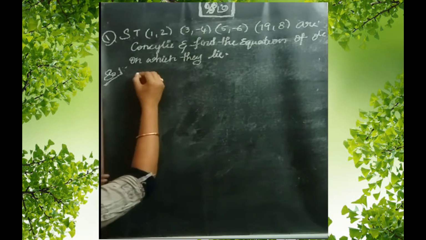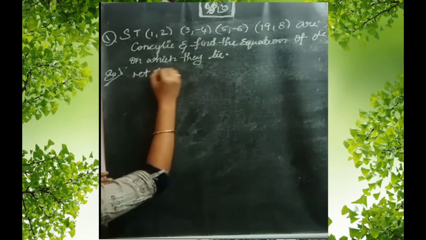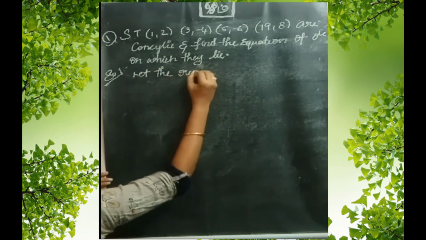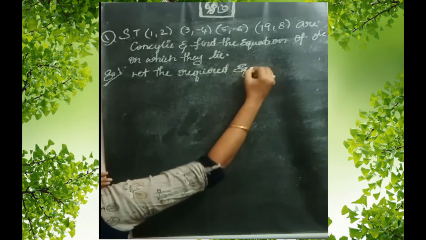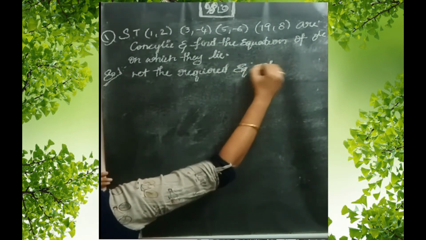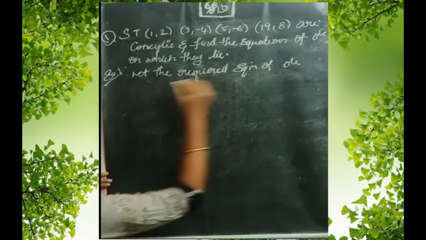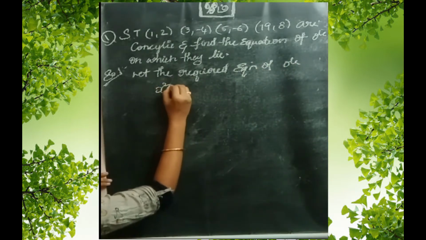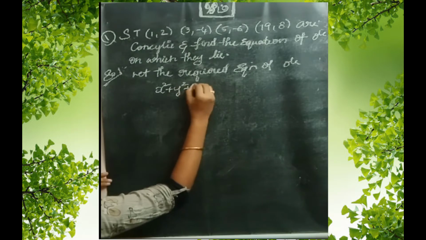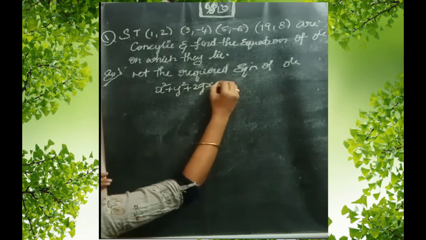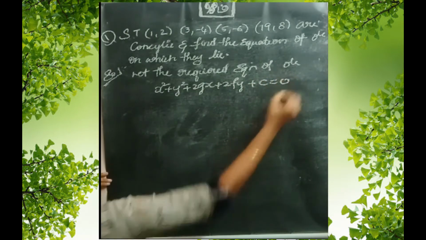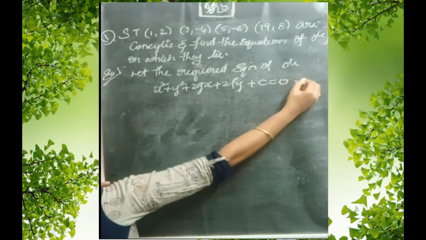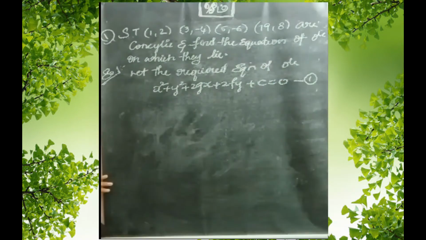What is the required equation? Let the required equation of circle be, as we know, x square plus y square plus 2gx plus 2fy plus c equals 0. Let this be equation number 1.